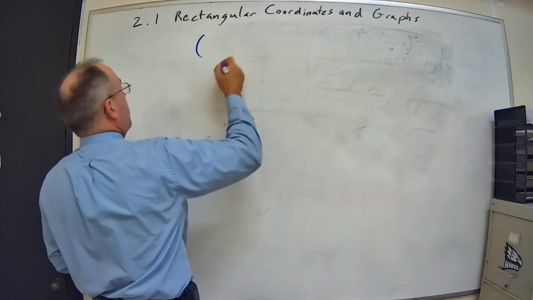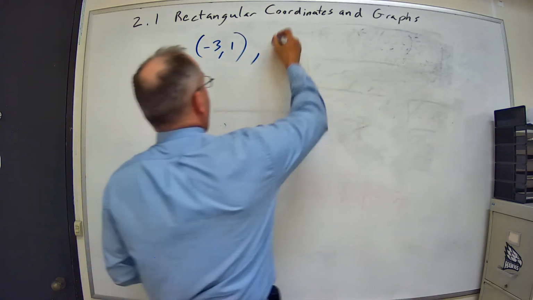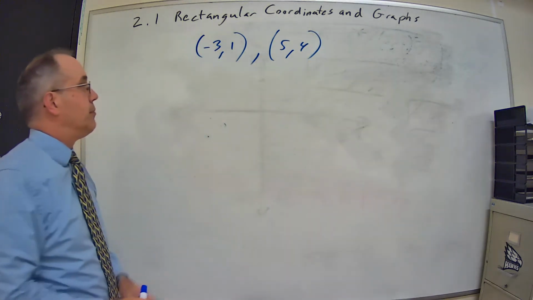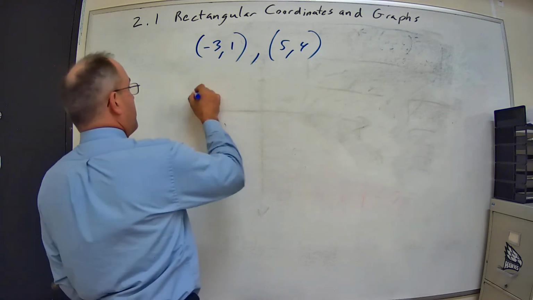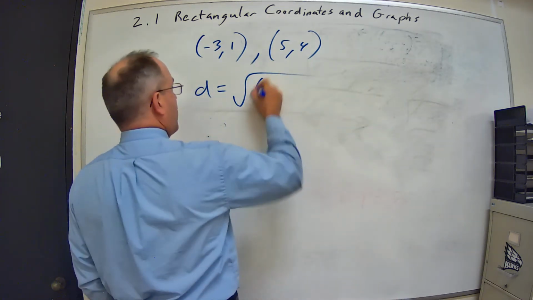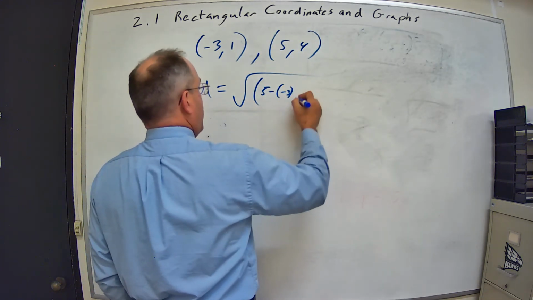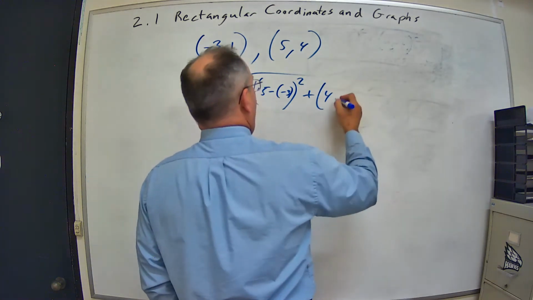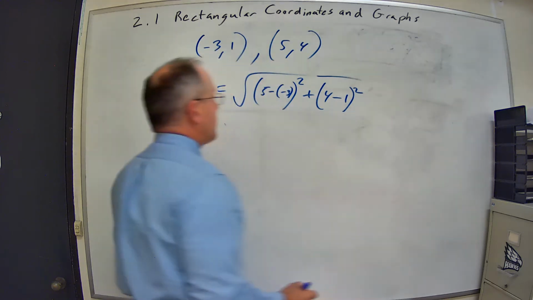So let's say we have the point -3, 1 and another point 5, 4. And we want to find the distance between these points. The distance is found simply by taking the square root of 5 minus -3 squared plus 4 minus 1 squared.